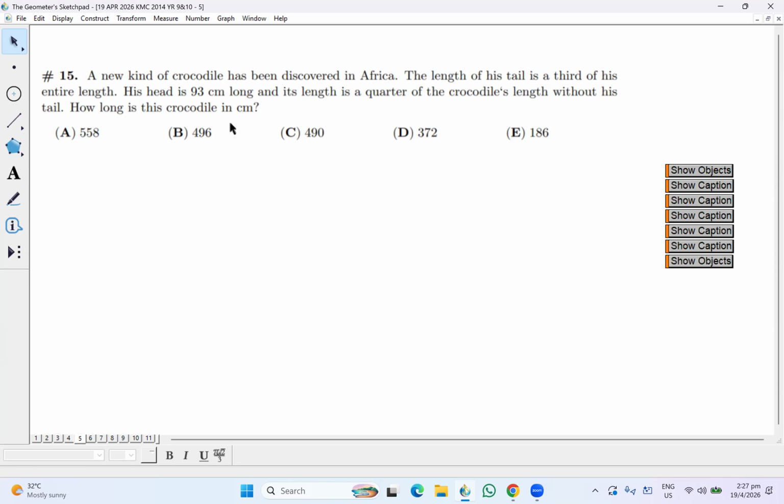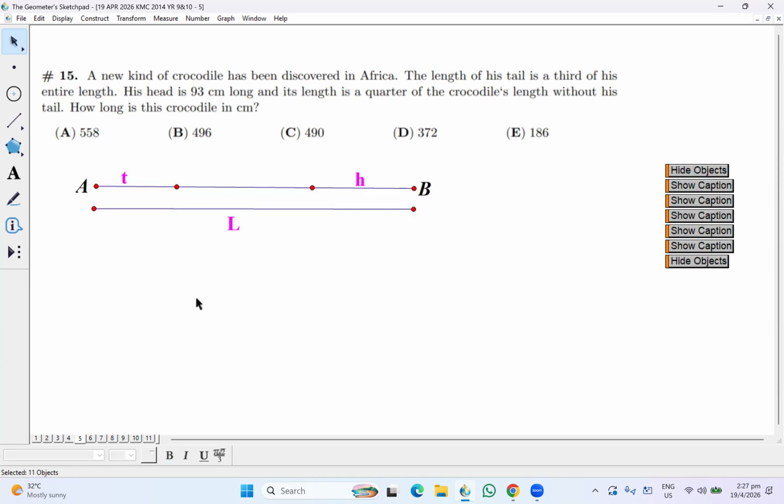So let's form the equation. Draw a diagram to show the crocodile. The crocodile is AB. The length of the crocodile is L. Then T represents the tail. Then this one represents the head.